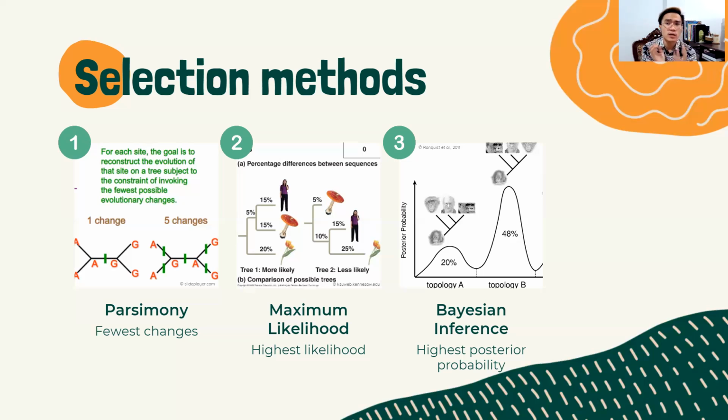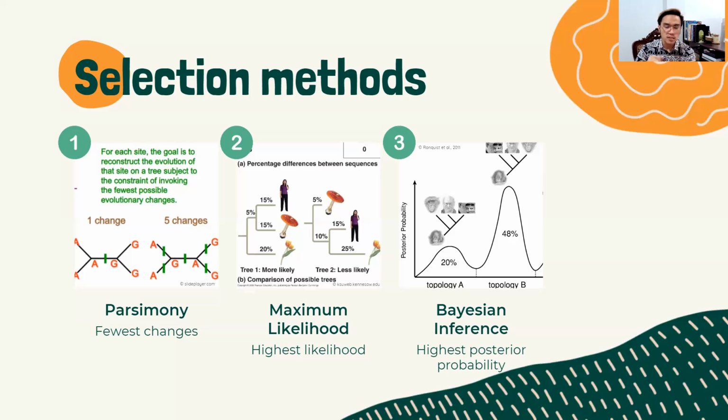For example, we agree in Bayesian inference that there are some character state changes that are less probable than the others, and there are others that actually happen a lot. Those differences in the rates of character change may change the way the branching patterns appear in the phylogenetic tree. So that's similar to maximum likelihood.